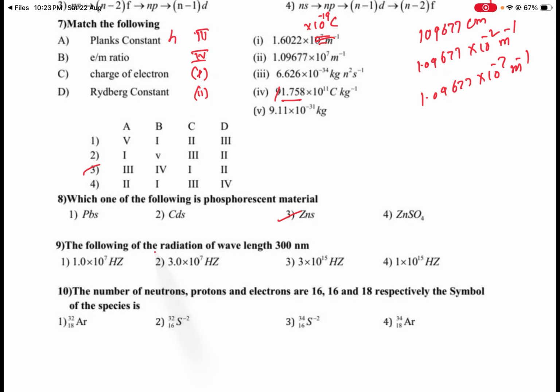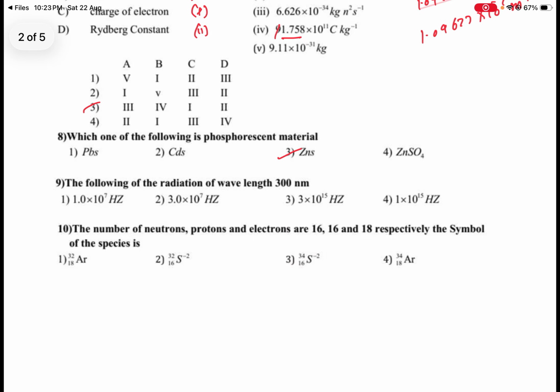Next, calculate the frequency of radiation of wavelength 300 nanometers. Frequency is indicated by nu. Nu is equal to c by lambda, where c is the velocity of light, that is 3 into 10 power 8 meters per second. Lambda is given in nanometers, so 300 nanometers means 300 into 10 power minus 9 meters, which is 3 into 10 power minus 7.